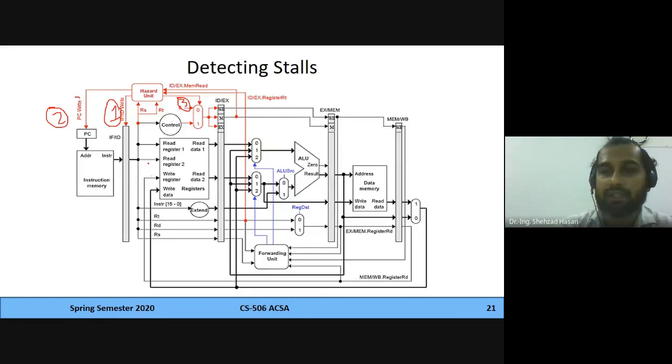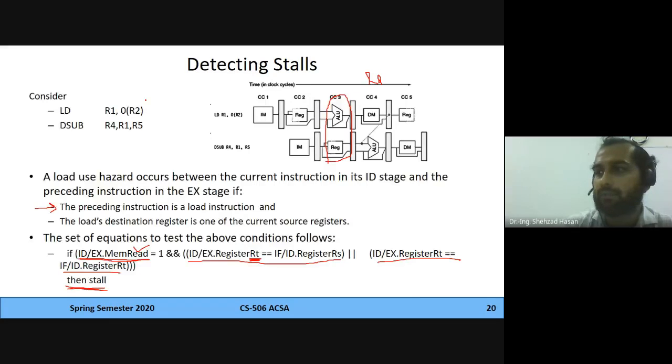And if you look at the condition that we have discussed just in the previous slide, you can see that we have provided the right inputs to the hazard detection unit. Again, a simple circuit, which is just comparing the values of registers, with an OR gate and an AND gate and some control signal checking. So we are providing it with a memory read signal and some destination register codes.